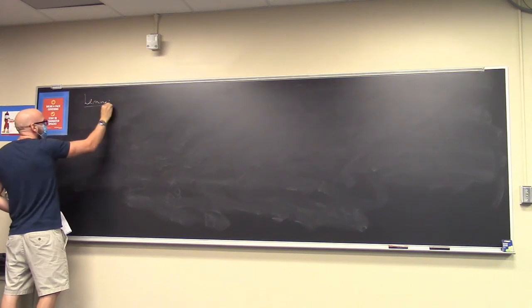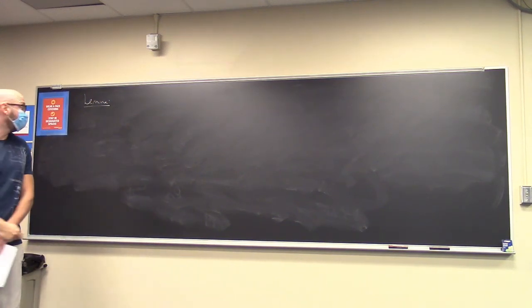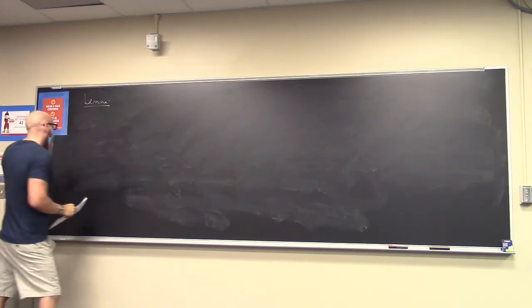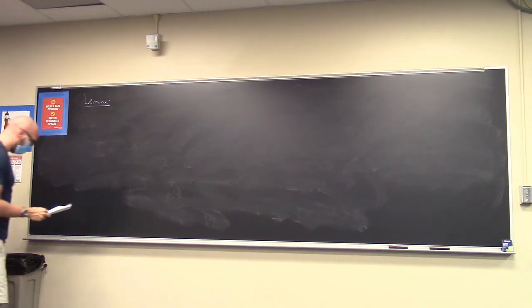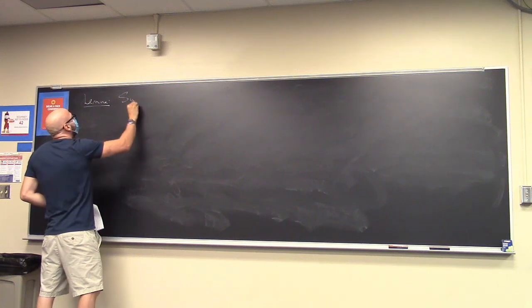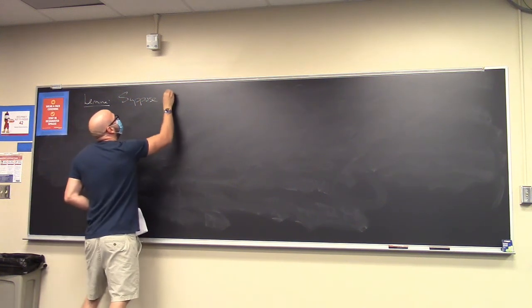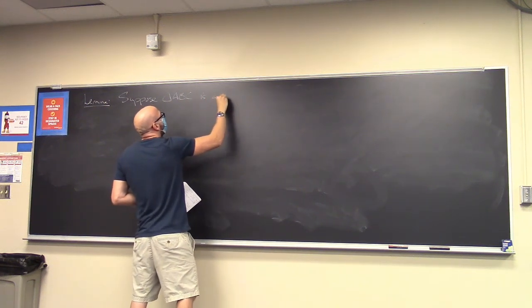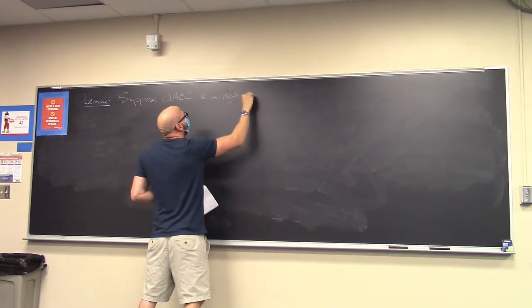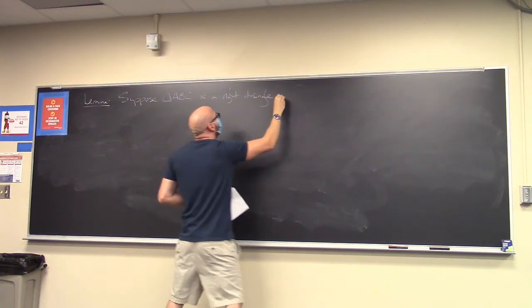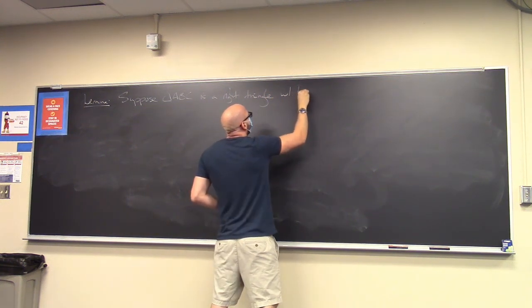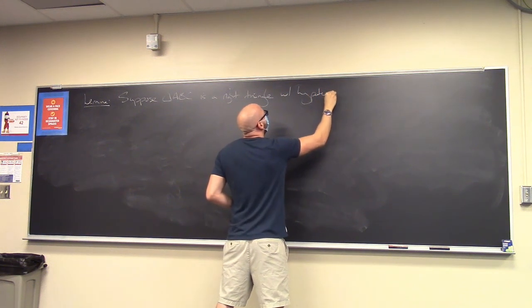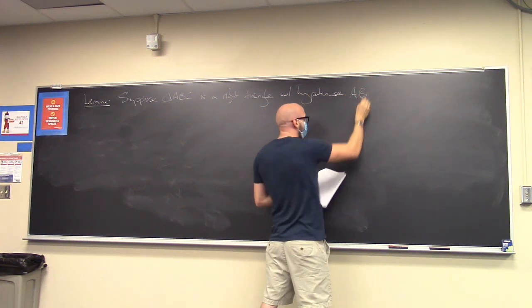And we'll wrap up the section now with just some small things. Here's a short lemma. I'm not really going to use this to prove anything else, but we'll call it a lemma anyway. So suppose triangle ABC is a right triangle with hypotenuse AB.